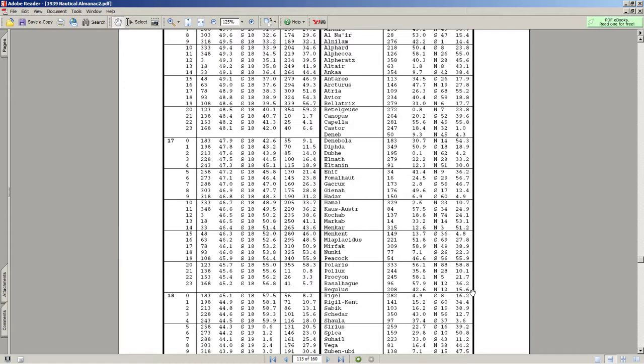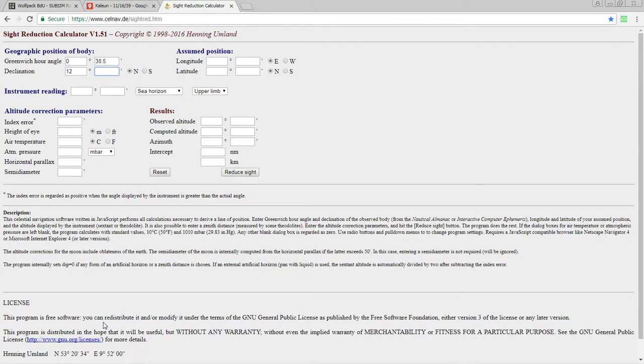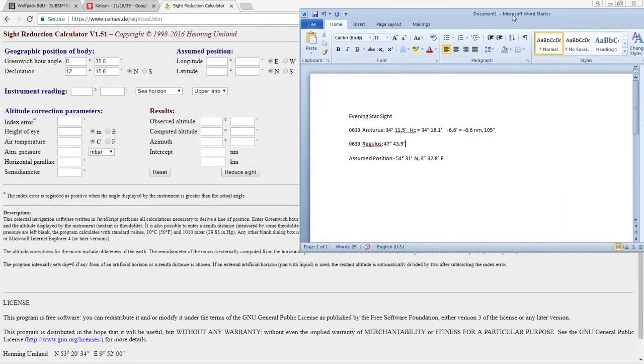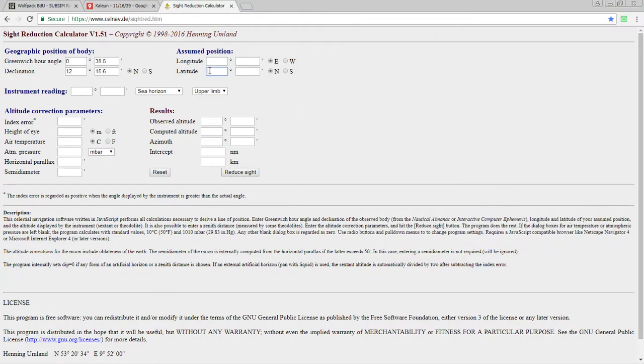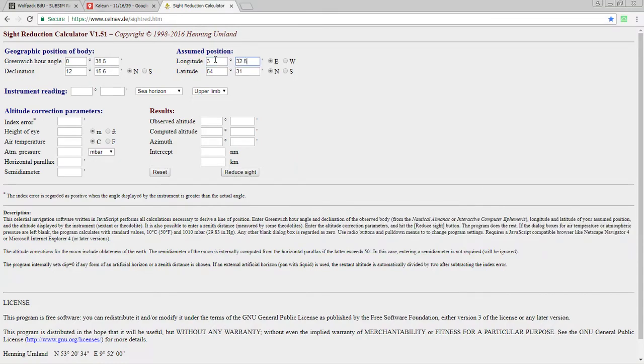Regulus, 12 degrees, 15.6 minutes. That is north again, and then we enter our latitude, 54 31 north, and then longitude is 3 32.8, and that is east.